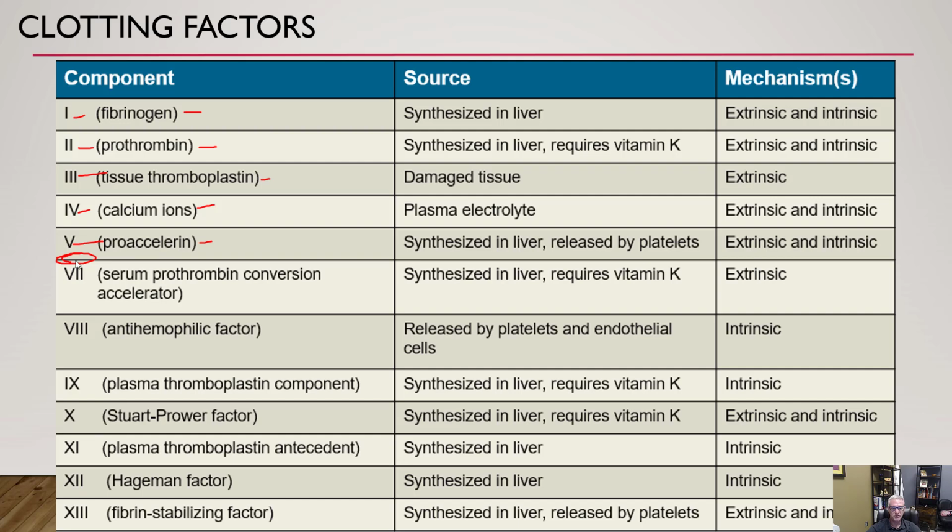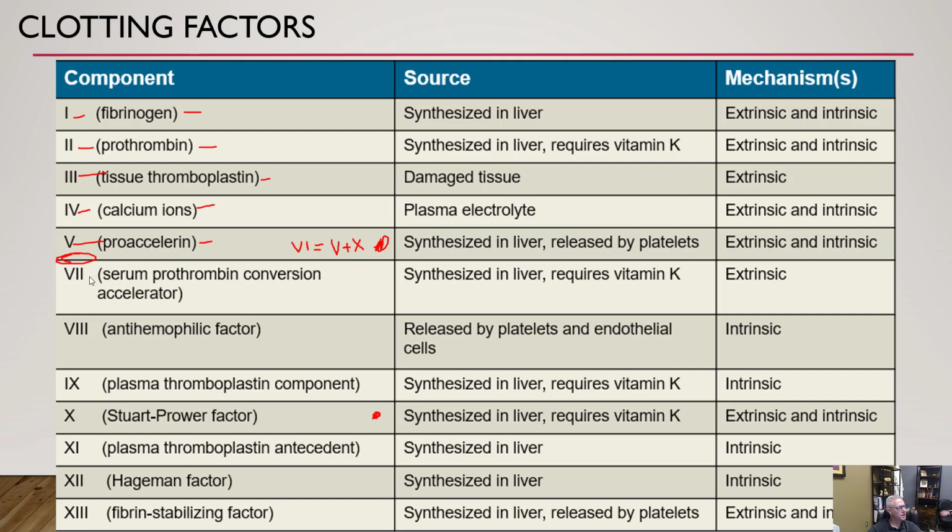We used to have a clotting factor 6 called accelerin, but now we know that 6 is actually a combination of 5 plus 10. So it's actually a combination of this one plus this one down here.